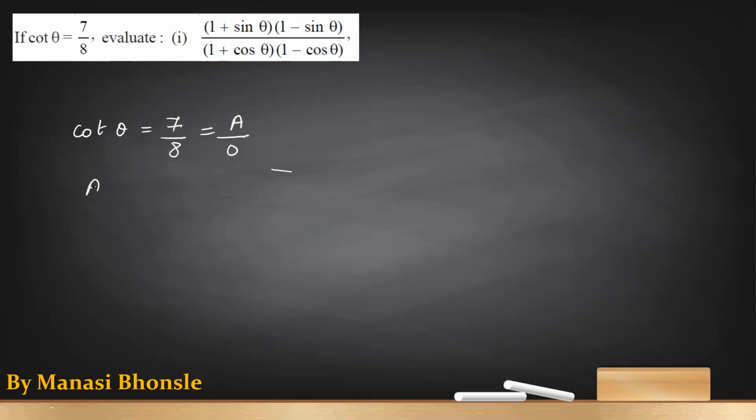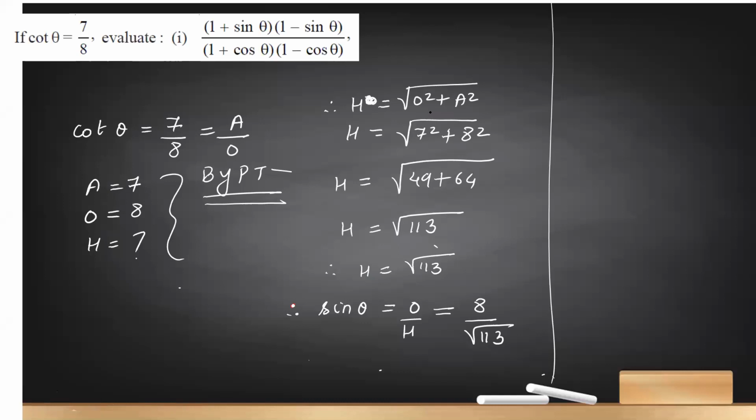Now your adjacent is 7, opposite is 8. You have to find out H. How will you find out? Using Pythagoras theorem. Let us try to do that. Okay, the hypotenuse that we get is under root 113 after solving the entire thing.